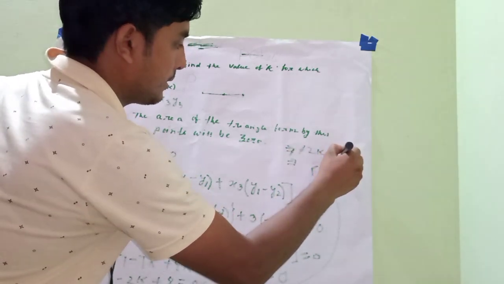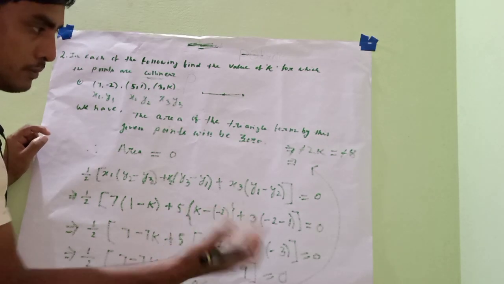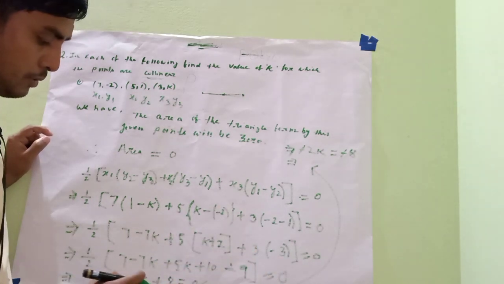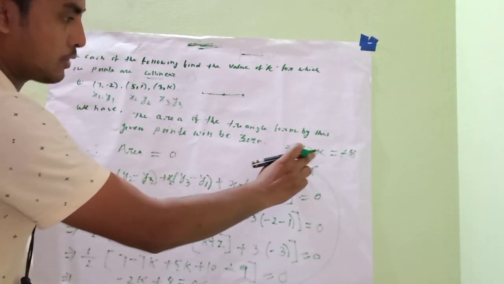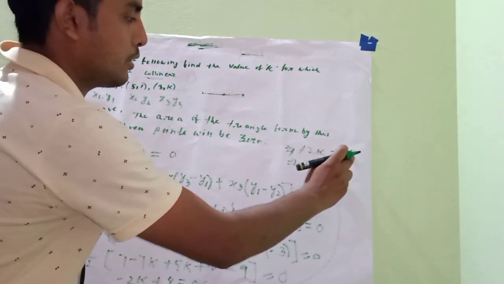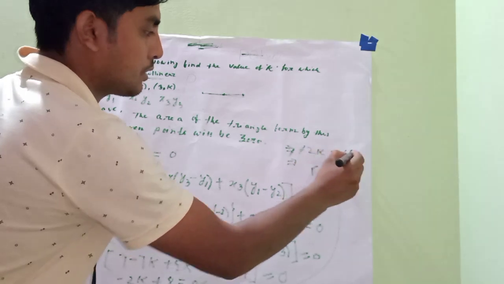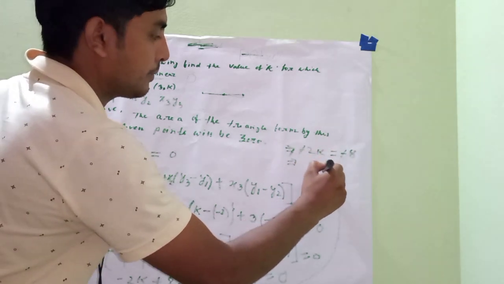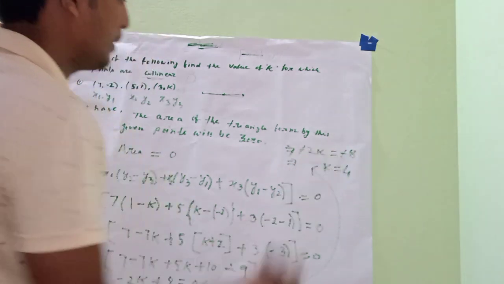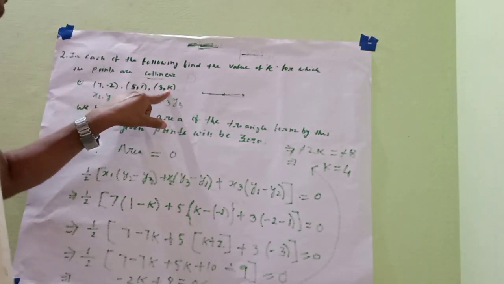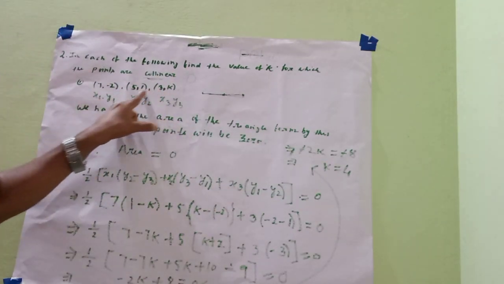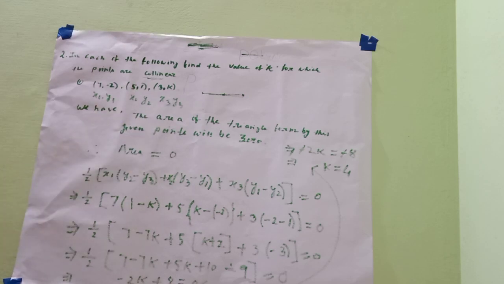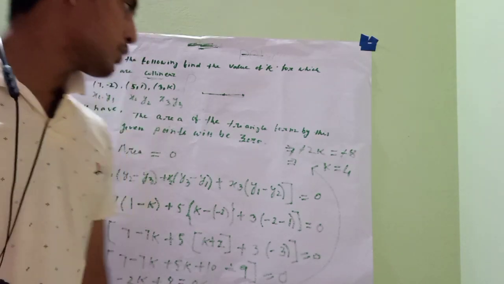Minus minus on both sides cancel. 0 by half becomes 0. So minus 2k is equal to minus 8. Then twice k equals 8, means k is equal to 4. That is the value of k they are asking. So if k equals 4, then the given points are collinear. Understood all of you?